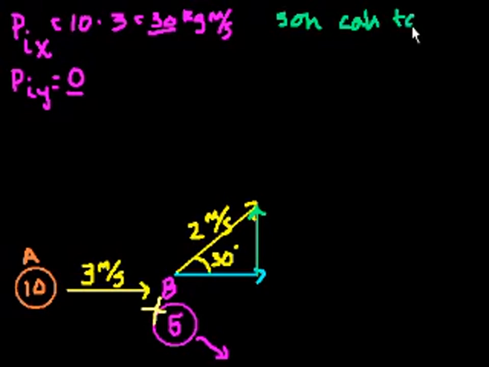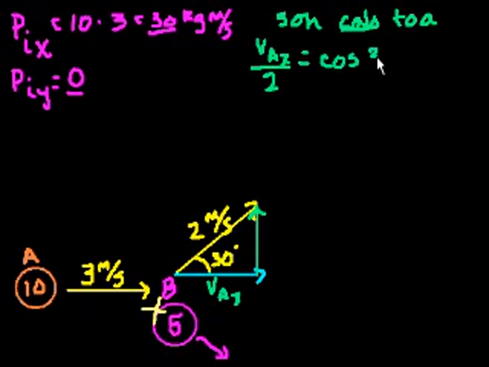I reassure you this is the hardest part of any of these multidimensional physics problems, which really are just trig problems. If we want the velocity of A in the x direction, well, this is adjacent to the angle, and we know the hypotenuse. So VA sub x, the velocity of A in the x direction, over the hypotenuse, 2 meters per second, is equal to adjacent over hypotenuse, which is cosine of 30 degrees.